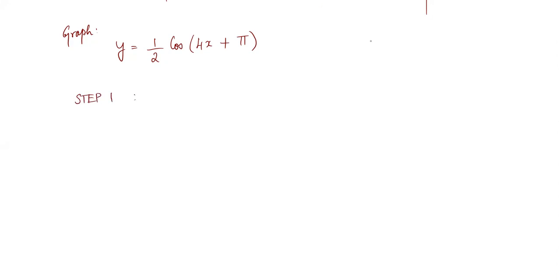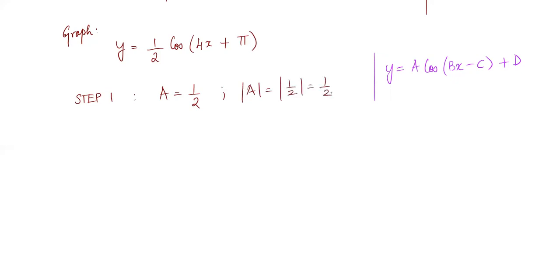And before that, let's quickly write y equals a cosine bx minus c plus d. A here is half, positive half. The absolute value of a is the absolute value of half. You know the maximum distance from the midline up and down is going to be half each.